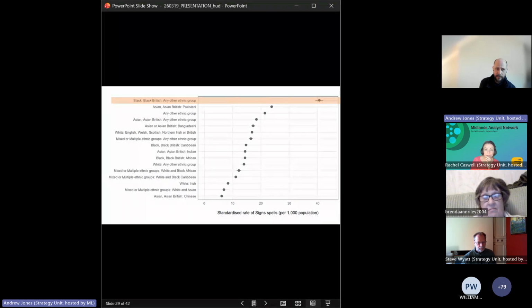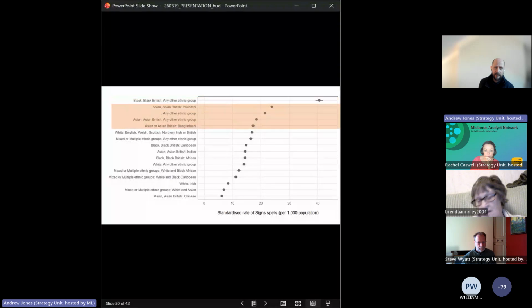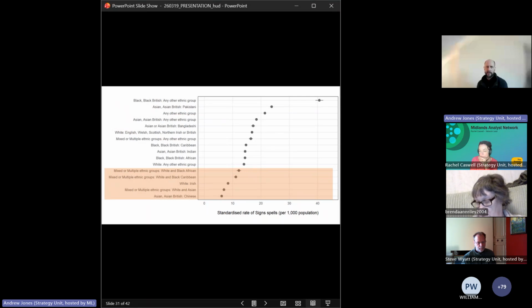Asian, British, Pakistani, Bangladeshi and other groups had higher rates than the British group. Conversely, the Asian, British, Chinese, the Irish, and the mixed or multiple ethnic groups categories tended to have significantly lower rates of sign spells than people in the white British group.